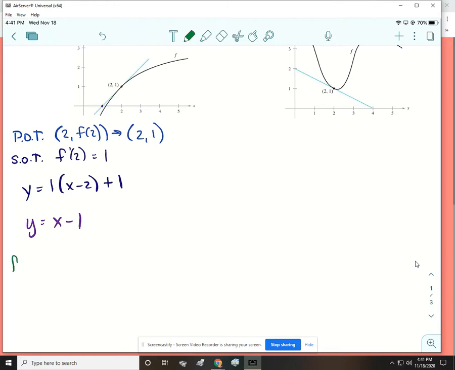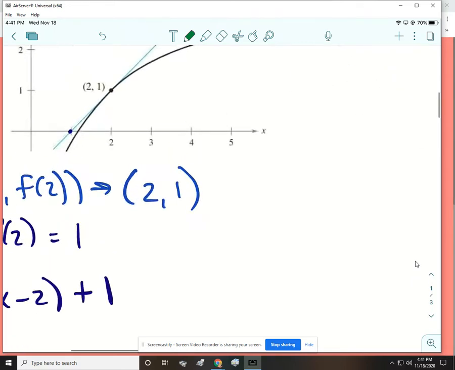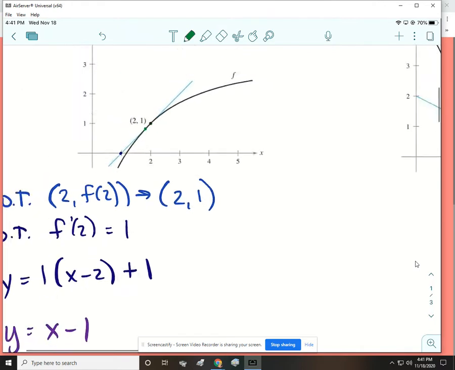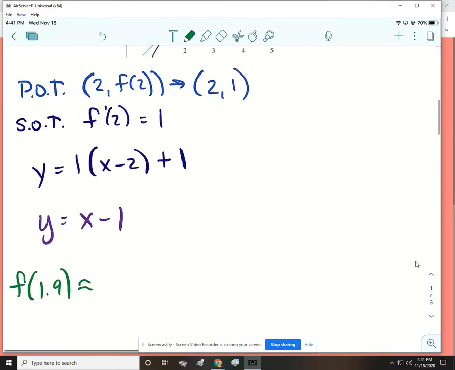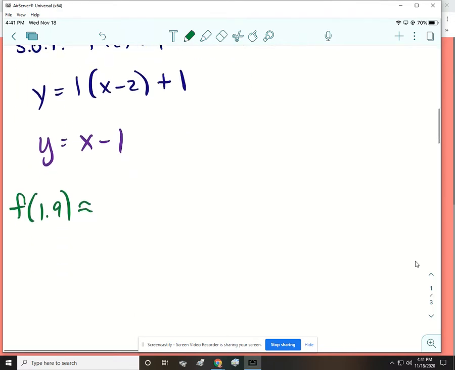So then once we get that, what we're going to do is approximate f of 1.9. So I would say 1.9 is about right here. So that's where the tangent line is super, super close to the actual f. So what we would get when we plug it in is going to be close, a very good approximation.